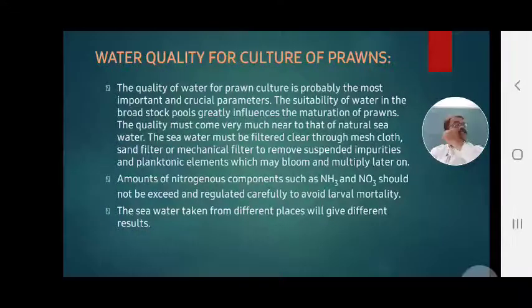Then for the culture of prawn, the next important article is the water quality for culture of prawns. To culture marine water prawns in seas and oceans, to culture Penaeus indicus and Penaeus monodon on the east coast and west coast, the important prerequisite is the water quality.